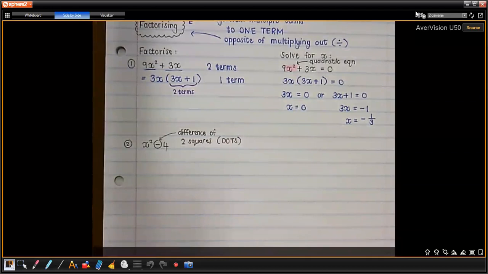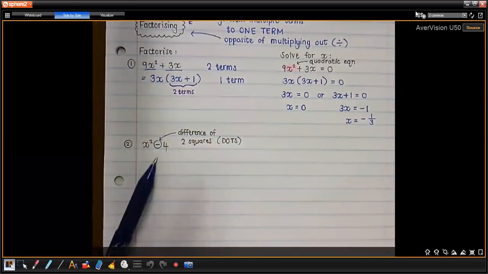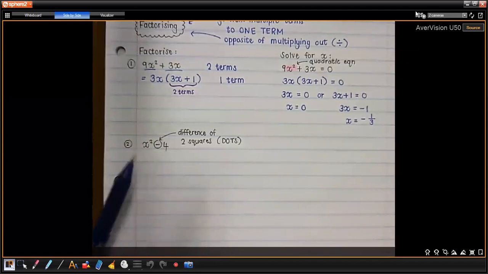Now, yes, it's different because there's a minus in between them, but also the two terms have to have square roots in order to be squares. Okay, so x squared is a square because the square root of x squared is x. Okay, and 4 is also a square because the square root of 4 is 2. Okay, so you have to make sure that you actually have that as well.